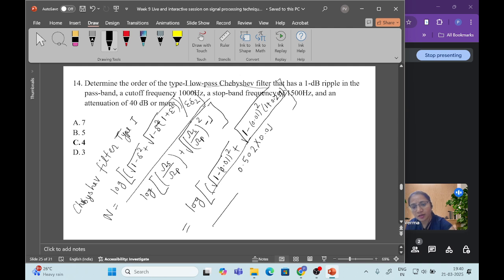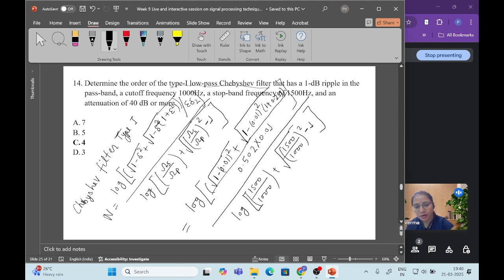It is the numerator part, and in the denominator part we have log omega s, meaning 1500 Hz divided by 1000 Hz, plus root of 1500 Hz divided by 1000 Hz whole square minus 1.